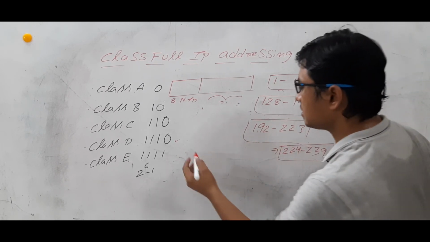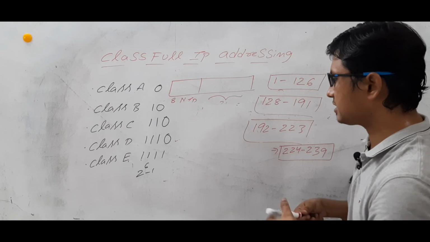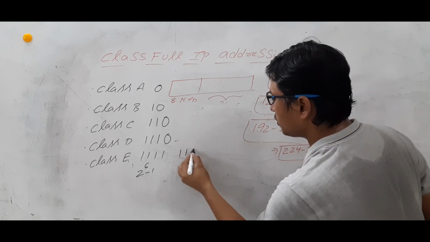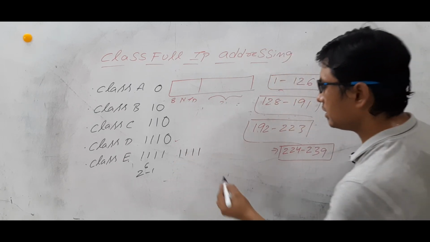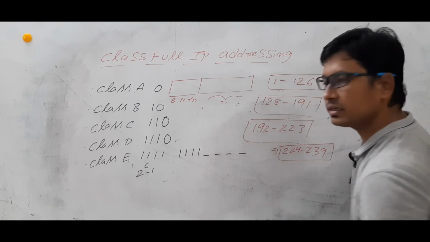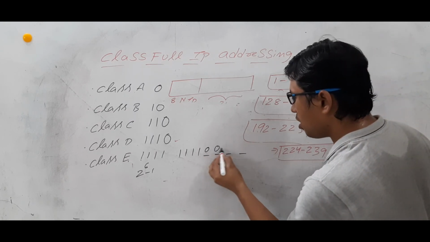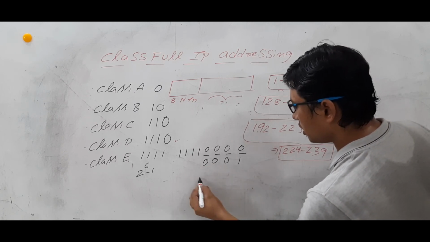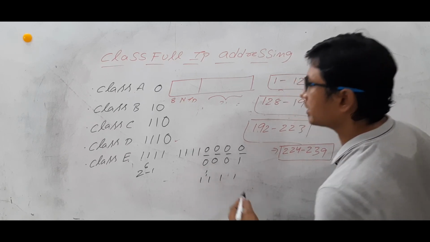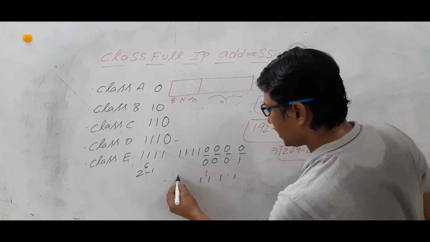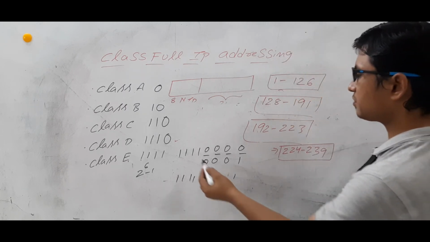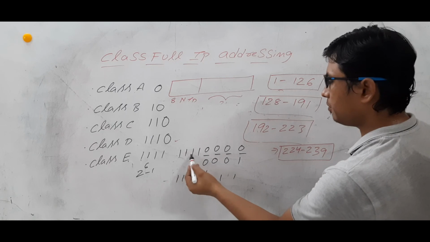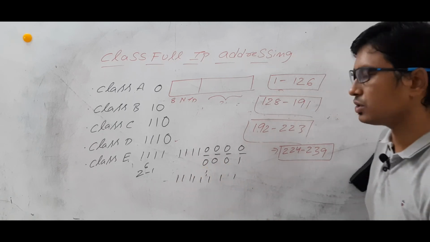Class E, the first 4 bits are fixed as 1111. Then the remaining 4 bits can vary from all zeros to all ones. Am I right or wrong? Okay. So if these are 4 ones and 4 zeros, what is it?